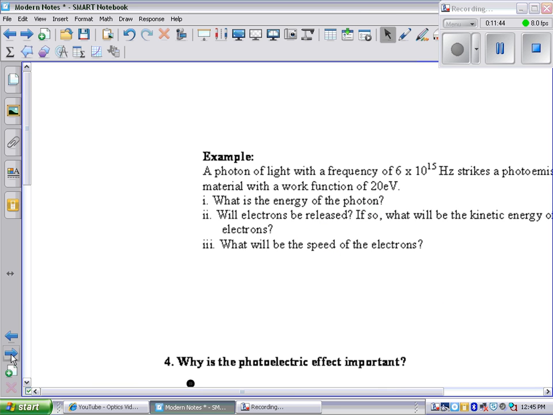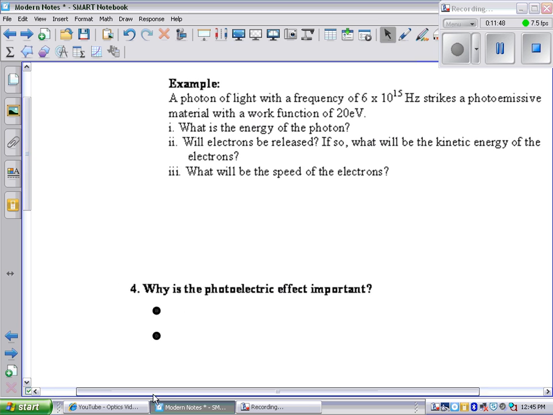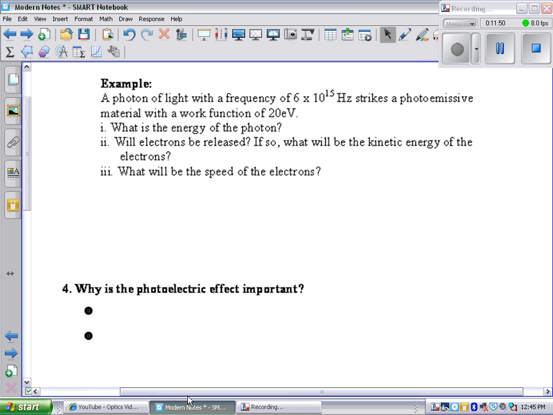Now, top of the next page, we have a mathematical example, and then we're going to talk about why it's important. So I'm going to write down our equations up at the top here, just so we have these handy. I usually use a little gamma symbol to mean a photon. So this says the energy of a photon equals hf equals hc over lambda.